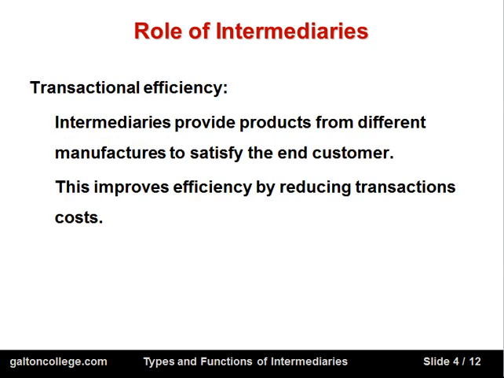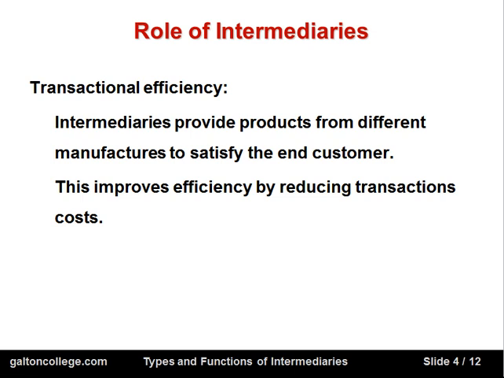There's also a transactional efficiency. Intermediaries provide products from different manufacturers to satisfy the end consumer. This improves efficiency by reducing transaction costs. So the consumer benefits because the consumer knows that the intermediary may have a wide range of products from several suppliers.